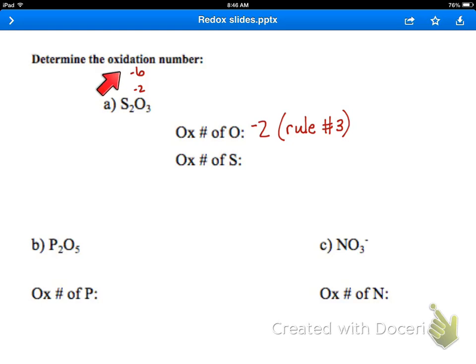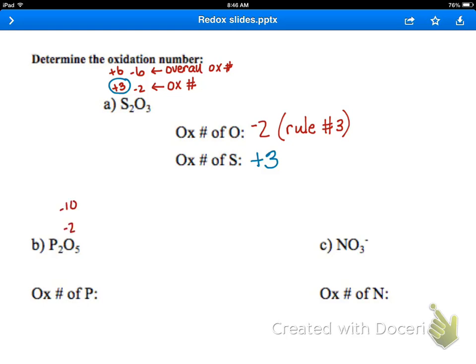So the total for all the sulfurs has to be +6, which means that each sulfur, because there are 2 of them, has to have an oxidation number of +3, and that's going to go in this spot here. So sulfur is +3.